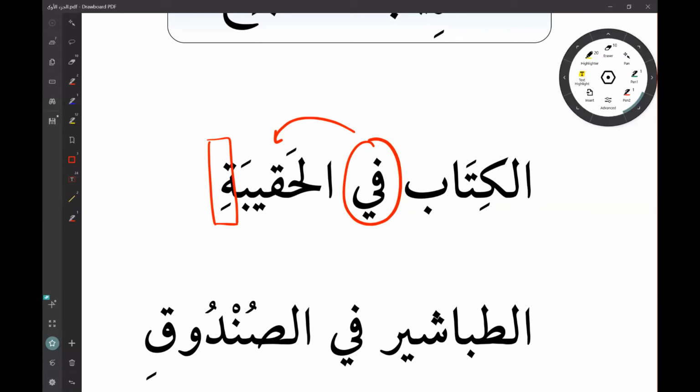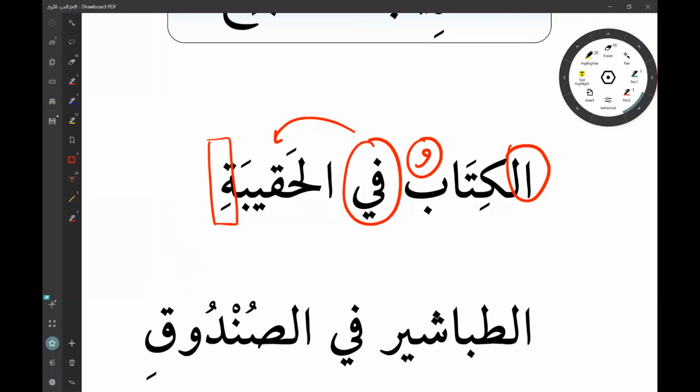We have to go back to the initial rule that I gave you. By default, when there is no reason to do something, you assume everything is Dhamma. So it's going to be Kitabun. But when you have Alif Lam, you cannot say Kitabun with Tanwin anymore, so you fall back to Dhamma. So it's going to be Al-Kitabu. You don't change this from Dhamma to Kasra or Fatha if you don't have any reason.